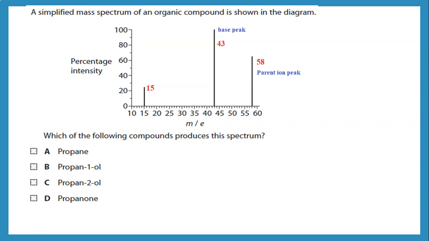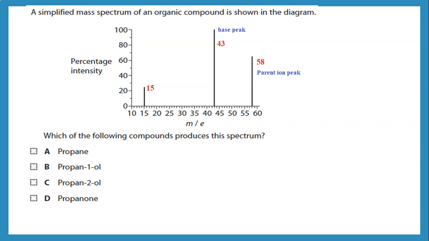Here the highest m/e is the peak at 58. We call it the parent ion peak or the molecular ion peak, and that is the peak showing the molecular mass of the molecule. So it has to apply to a molecule that has a total molecular mass of 58.